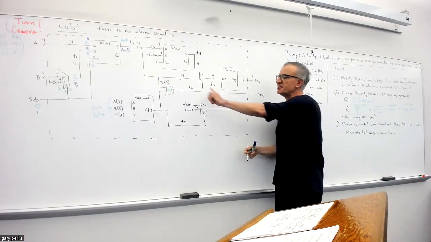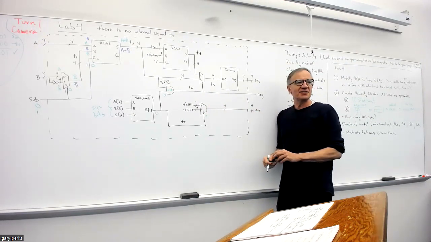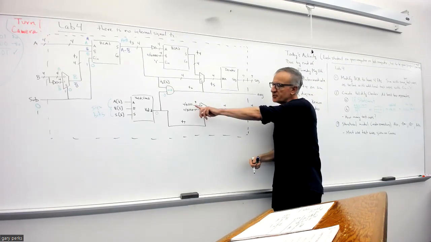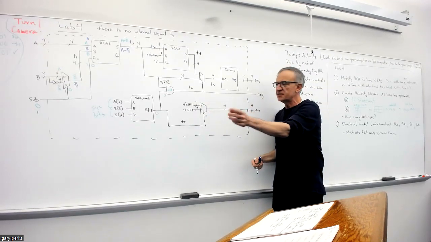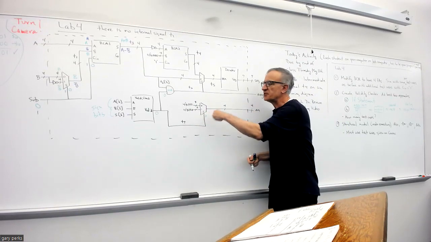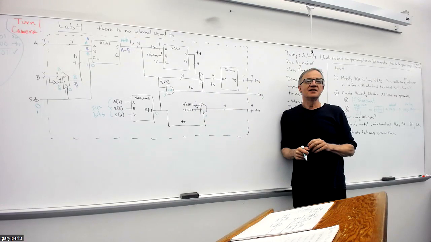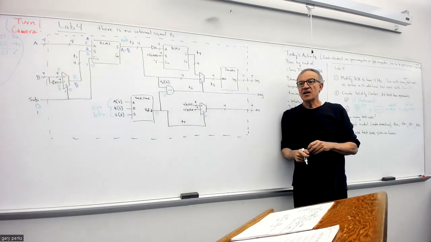So let's look at this mux, because this looks a lot like what you had for lab 3, doesn't it, for the mux? Remember in lab 3, you had a mux where the one input was all 1s and the other input was three 1s and a 0. And in lab 3, what was that mux doing? Right.